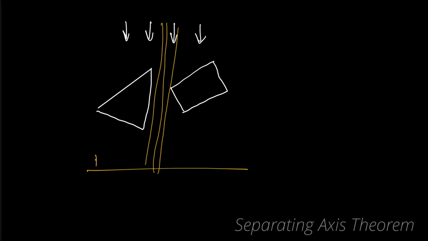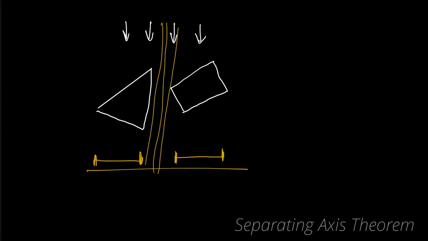It will be a shadow here, a shadow here. Now we end up with these two ranges, and we do the same thing we did for the axis aligned bounding boxes. We check if there is any overlap. If there is no overlap, there is no collision, right?